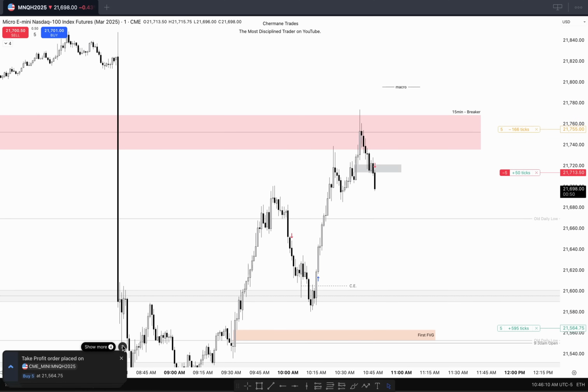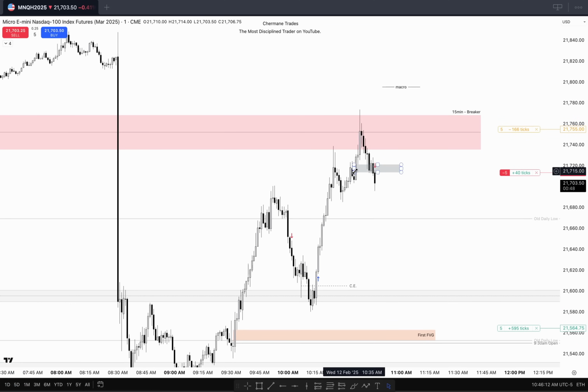All right, I'm short here at the low of the inversion fair value gap. Kind of looking for the same thing that I was looking for on my first attempt. Taking the entire range of this up close candle, splitting it in half, getting the mean threshold of it.